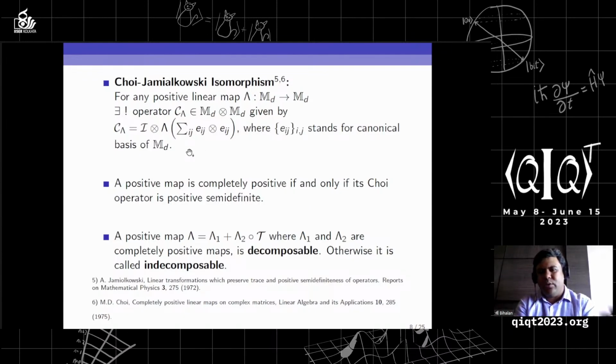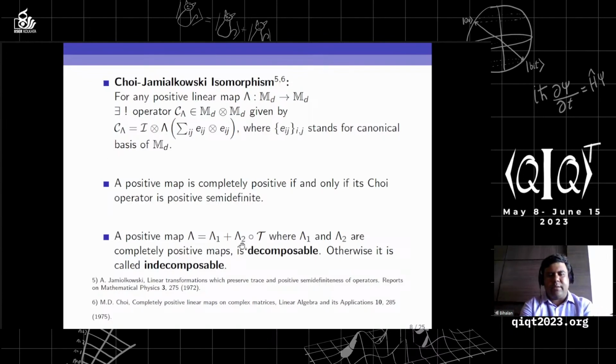This operator is a unique operator that we find from a given linear map. So this is an isomorphism, and it takes everything from the language of positive maps to the language of operators. This is the famous Choi-Jamiolkowski isomorphism. Now, in this regard, a map is completely positive if and only if its corresponding Choi operator is positive semi-definite.